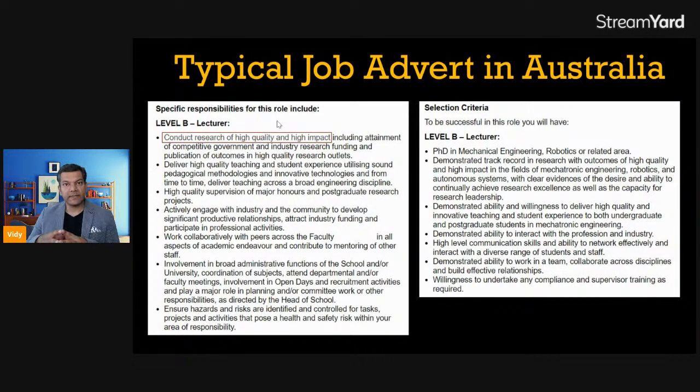Ability to supervise students, honors and masters at this level, and getting industry funding and engaging and networking with industry. So these are the five main responsibilities and selection criteria that I showed you here. So this is what you are preparing for in your PhD.